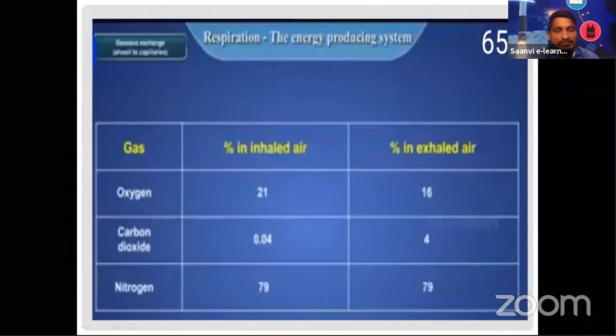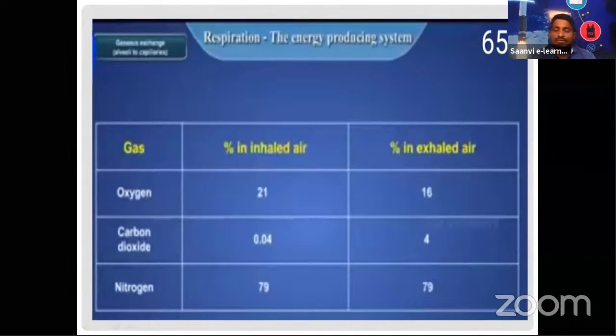So it means what we are inhaling, oxygen, carbon dioxide, nitrogen is present. The amount of air we are taking in inhalation, if you consider it as 100%, from that 21% is oxygen, 0.04% is carbon dioxide, and 79% is nitrogen. Did you get me?